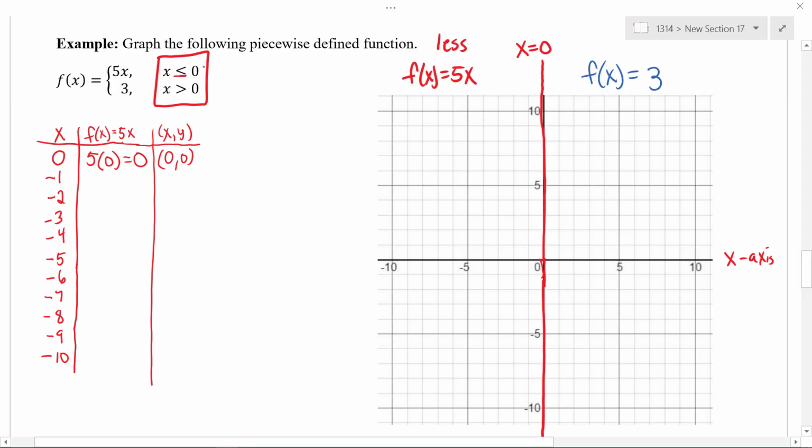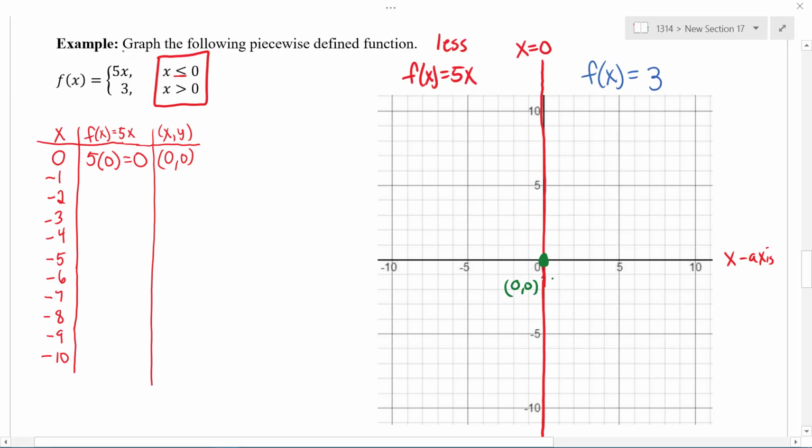I'm going to draw the graph here in green. So I have 0, 0. I'm allowed to plot that point on the actual line, because x equals 0 is included. So I got 0, 0, a closed filled-in circle at that point that I plotted.